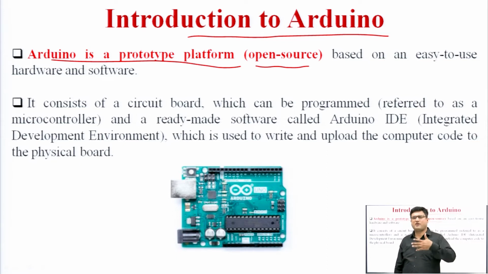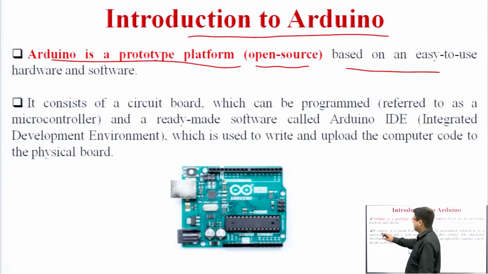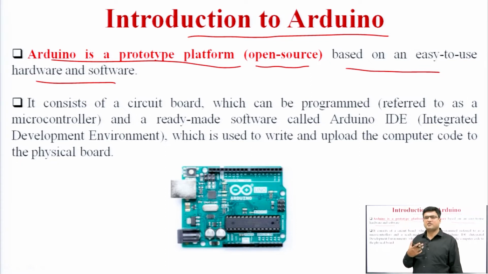It is based on easy to use hardware and software. Both the hardware, that is Arduino, and its libraries, and software like the IDE, integrated development environment, are very easy to use.